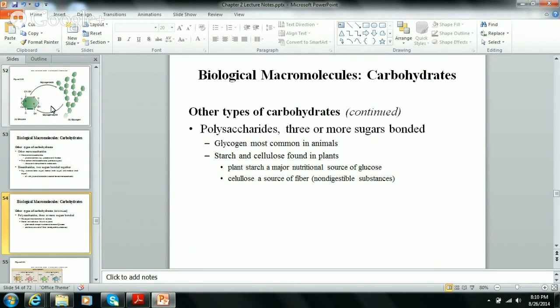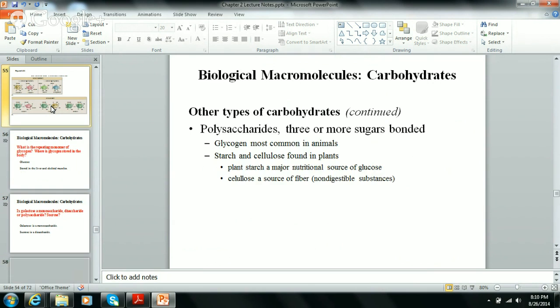Starch is what we find in the baked potato. Cellulose is what you find in a piece of celery. You don't really break down cellulose well at all. That's why it's considered a non-digestible substance. We call it fiber or roughage. It's used to help you digest other food. You don't really digest cellulose itself.